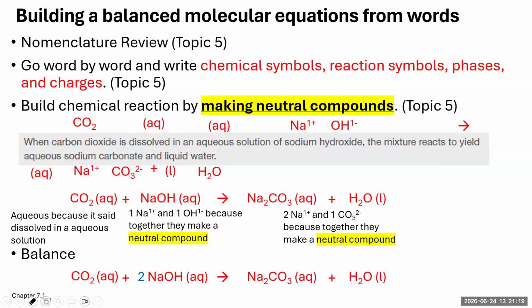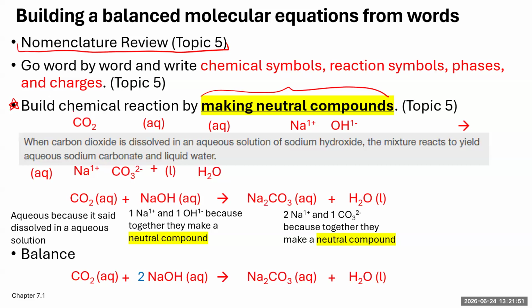Also there's some other stuff about chemical symbols, reaction symbols, phases, and nomenclature in chapter 5. So one of the things we really have to remember is we're going to build chemical reactions by, and this is the review part, making neutral compounds. And we'll go over a few of that now. But if you're having issues following along, it's probably because you need some refresher from topic 5. So go back and take a look.